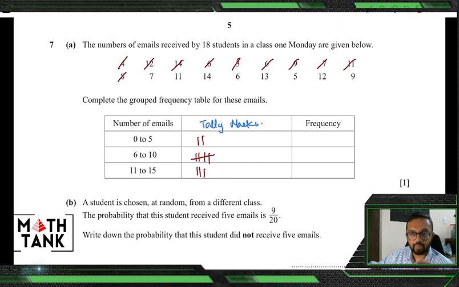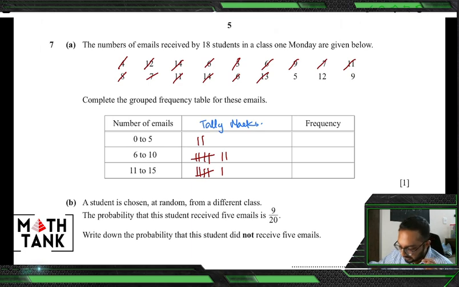That indicates a total of 5 observations in that category. 7 then also falls into this category, 11 also falls into this category, 14 is here, 6 is here, 13 is here, 5 is here, 12 is here, 9 is here.